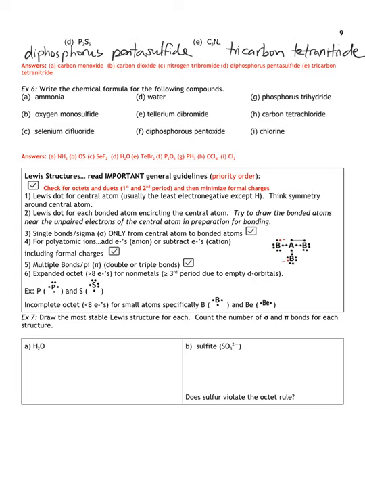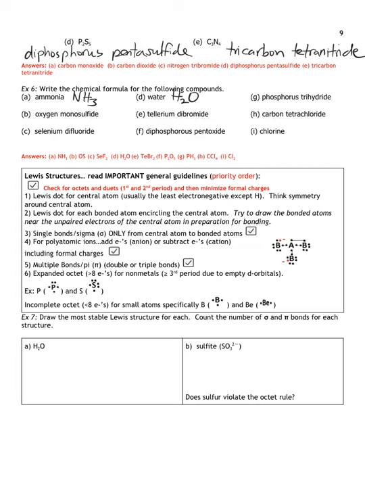Now we go to writing formulas. There are 2 substances that you have to memorize, and that's ammonia and water. Ammonia is a simple formula. It's just NH3. Water you know as H2O. So those 2 you will never have any problem.